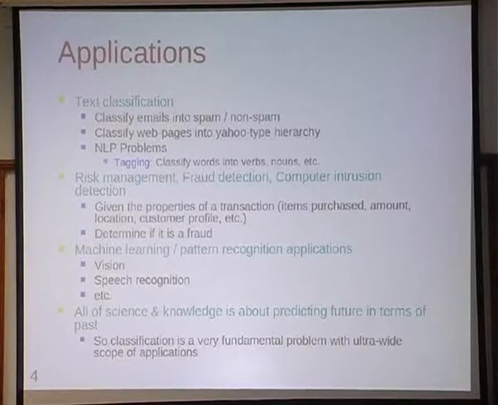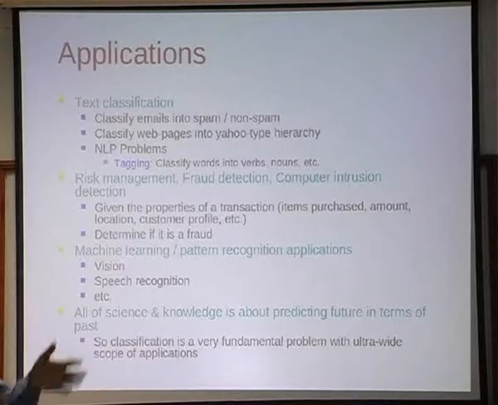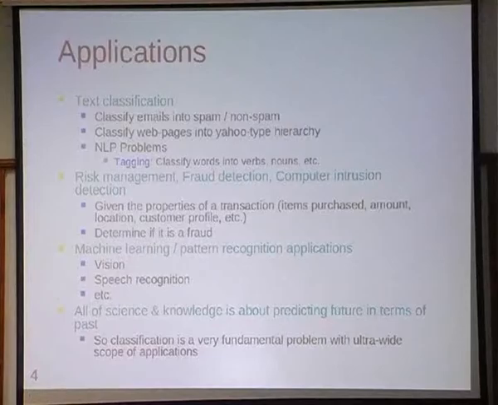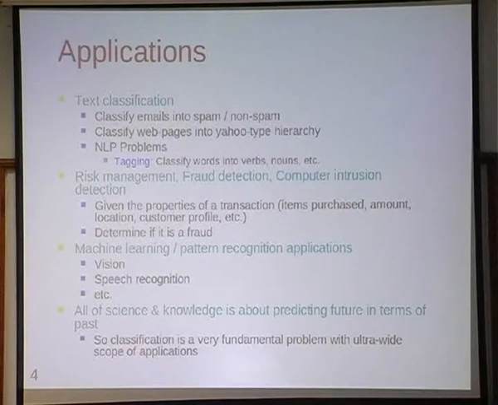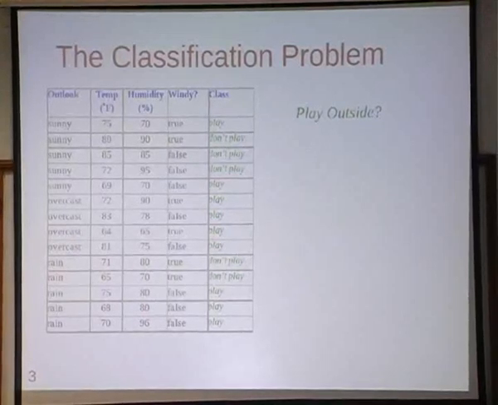And classification basically is doing prediction automatically. So it's using the past data to develop a model in order to predict the future. So it can be applied in any kind of application. All that you need to do is use your imagination. In any data set that you have, try to convert that data set into a form where you have a class column, and then you will be able to apply classification algorithms.